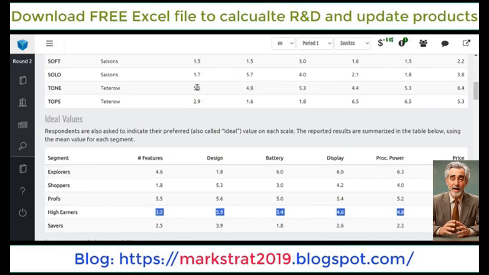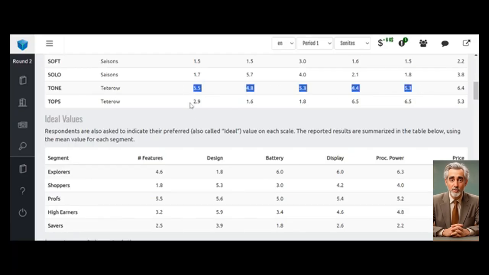Use an Excel-based calculator, which you can download for free, to estimate semantic scores that align closely with the segment's ideal spot. Example, for a shopper brand, you may aim for price, $250, processing power, 4.0, design, 2.5. Validate these against the ideal values before submission.